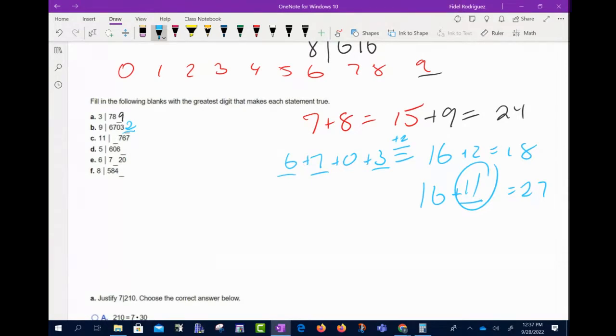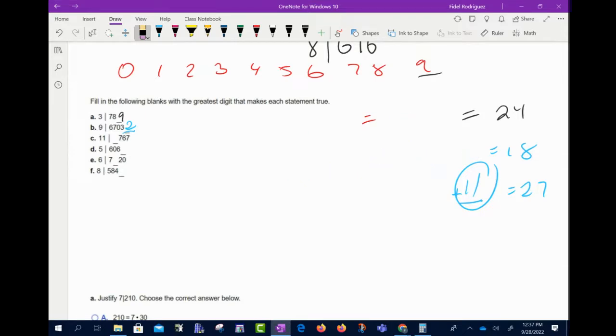All right, let's take a look at the next one. So the next one I have is 11 going into blank 767. Okay, so look, let me clean up some of this mess here because I got a whole lot of it. So much better when my pen works.